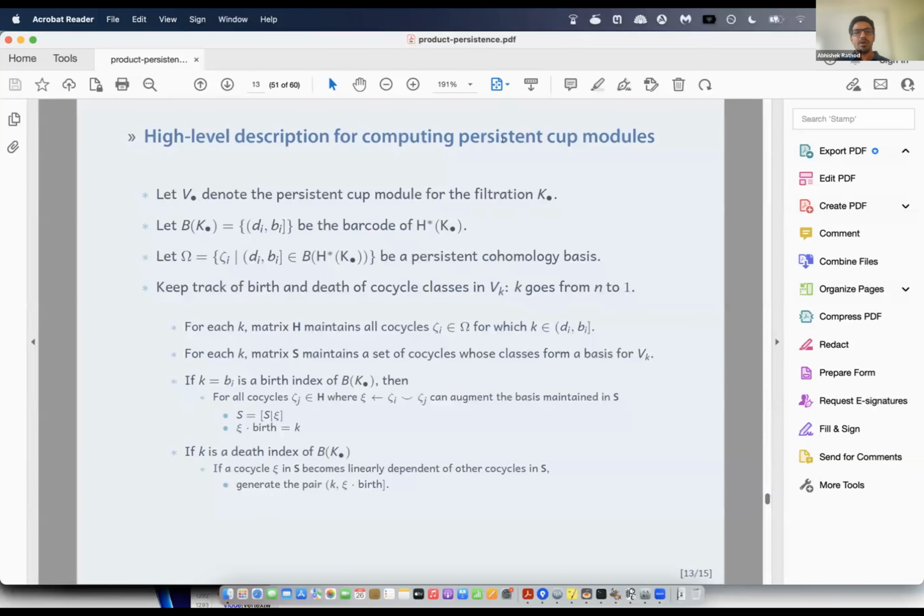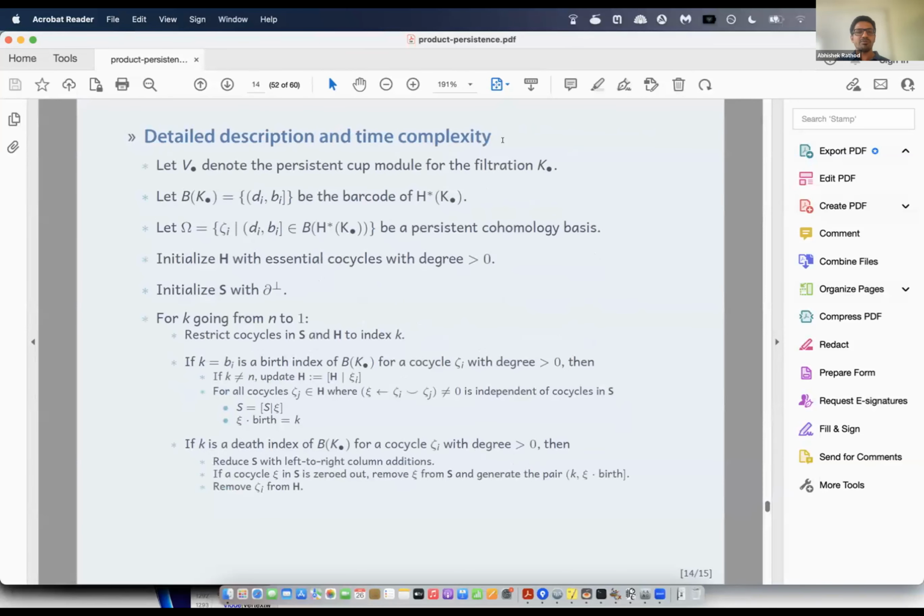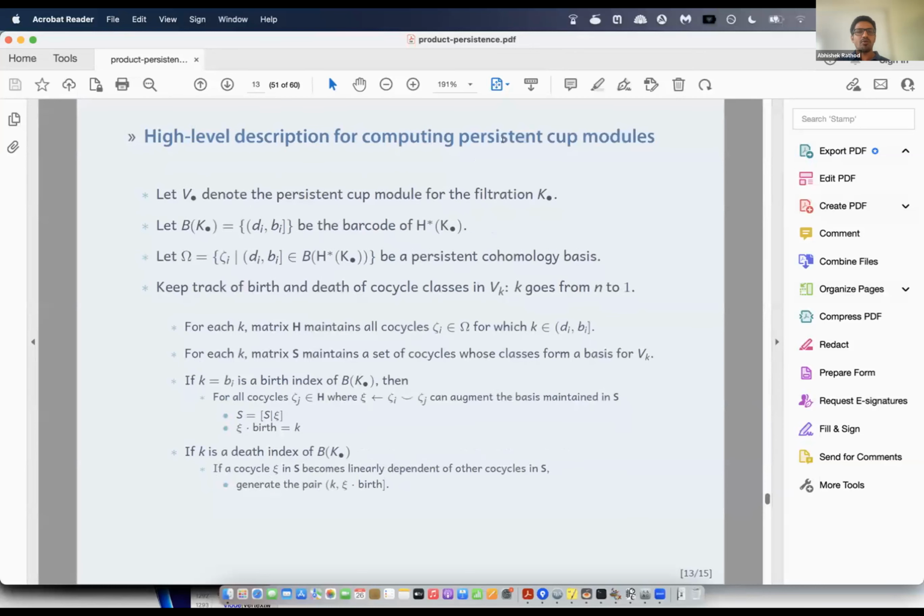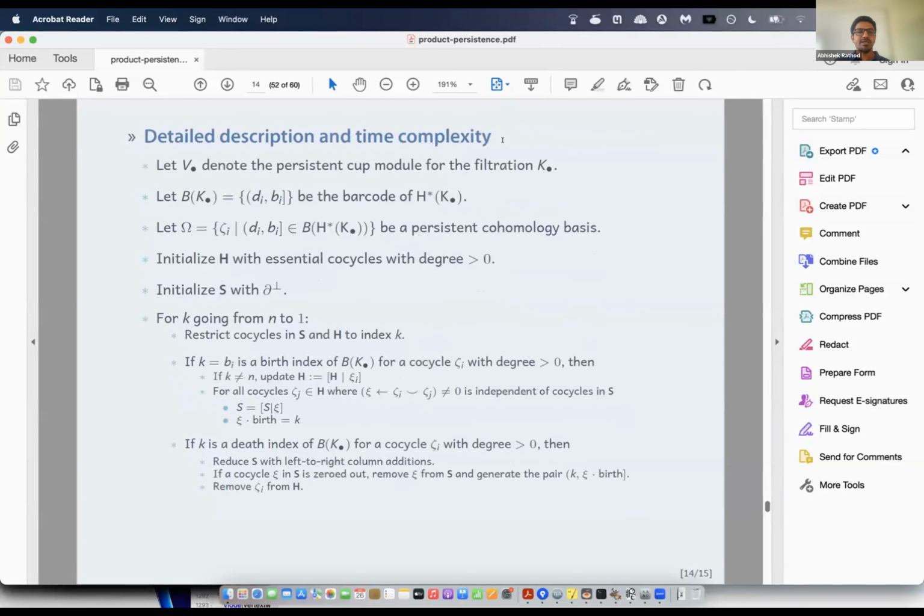So that's a high-level description of computing a persistent cup module. Now the implementation details: how do we maintain these matrices H and S? There are three points to note. One is that the matrix H is initialized with the essential co-cycles of ordinary persistence with degree greater than 0. The matrix S is initialized with the co-boundary matrix of the complex. Because the maps on cohomology are given by restrictions, we maintain the co-cycles in S and H by restricting them for every index k.